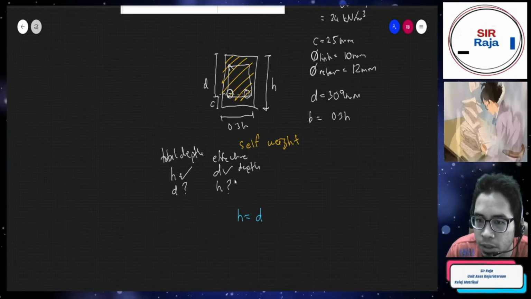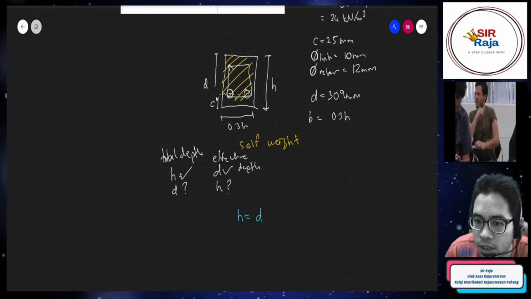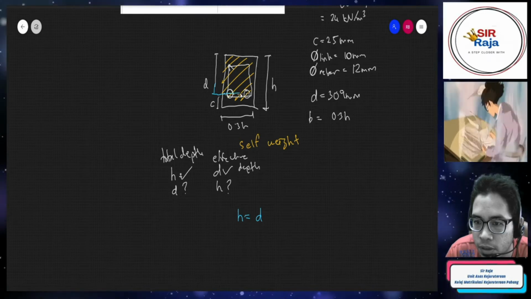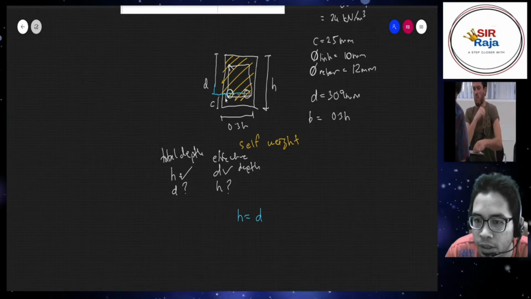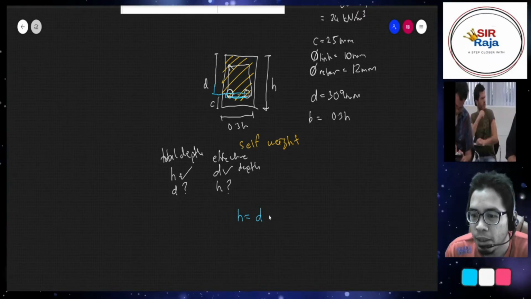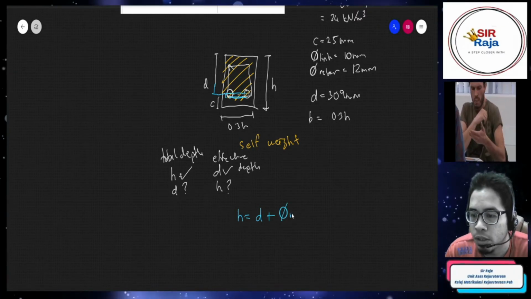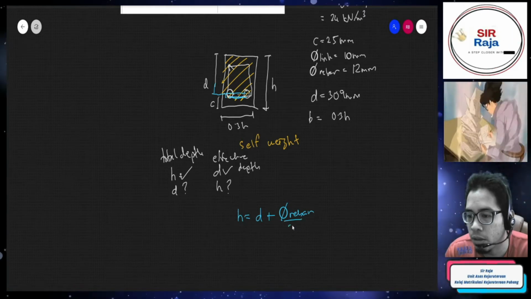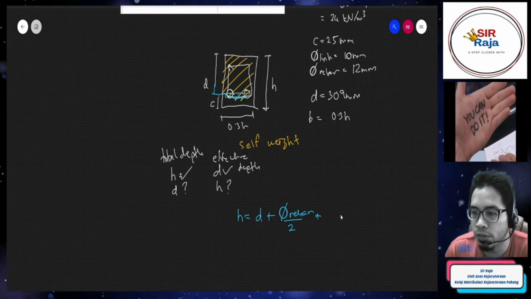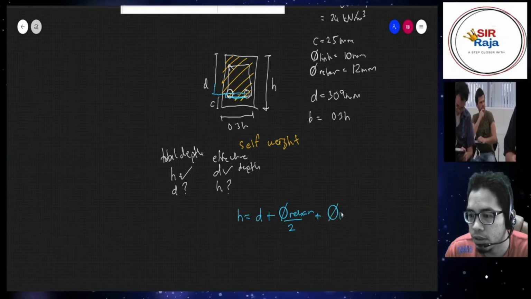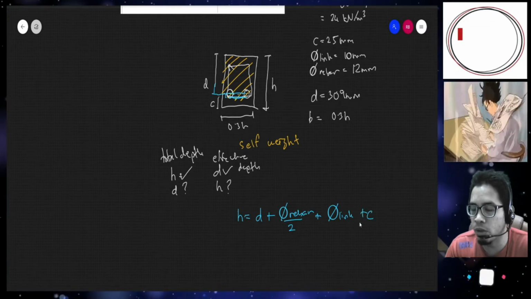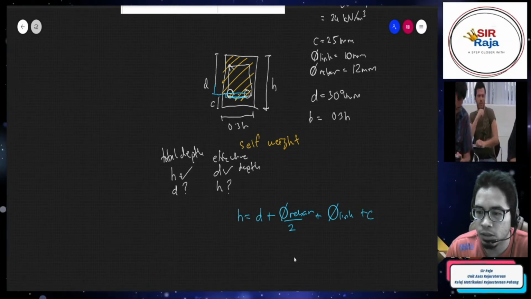So D plus half of the rebar diameter, plus the shear links at the bottom, and plus the concrete cover.